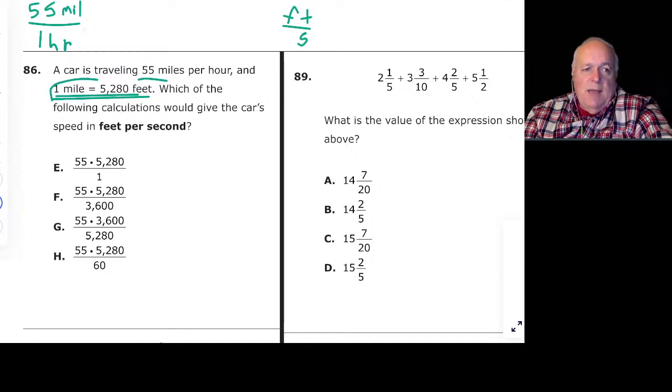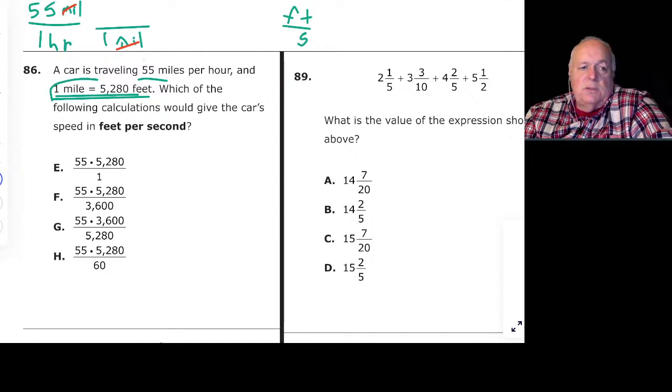Okay, so if I put the 1 mile at the bottom here, that means we're going to attempt to cancel this mile with that mile. The actual words, we're going to cancel numbers and we're going to cancel units.